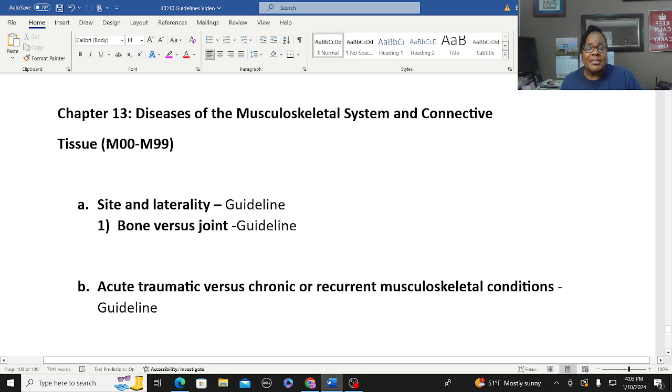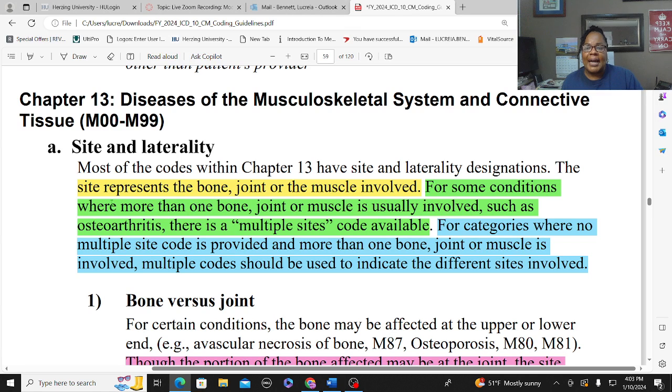We start with A, site and laterality. Site, where, laterality, right or left. So let's go to the guidelines. The guidelines state that most of the codes within chapter 13 have site and laterality designations. The site represents the bone, joint, or the muscle involved.